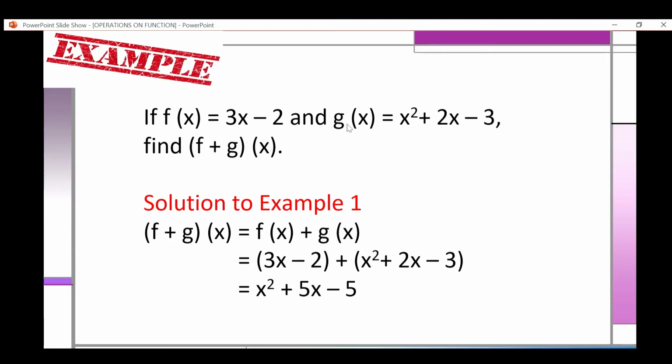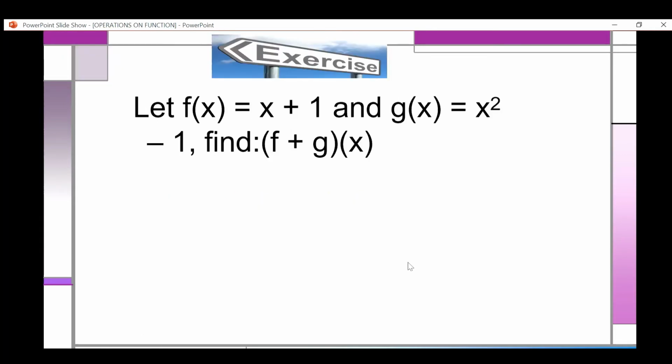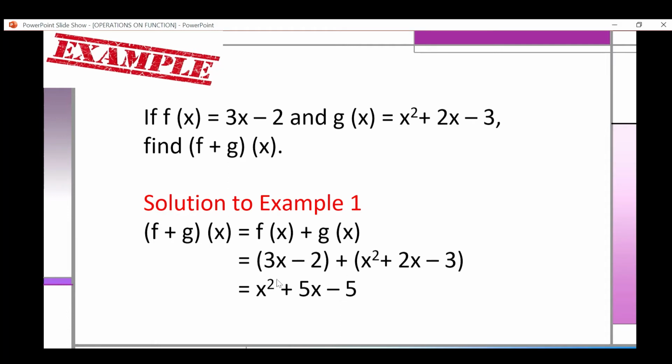Then g of x is x squared plus 2x minus 3. Ayan. So, let's simplify, combining like terms. So x squared, then 3x plus 2x is 5x. Then negative 2 plus negative 3 is negative 5. So, this is our final answer: x squared plus 5x minus 5.